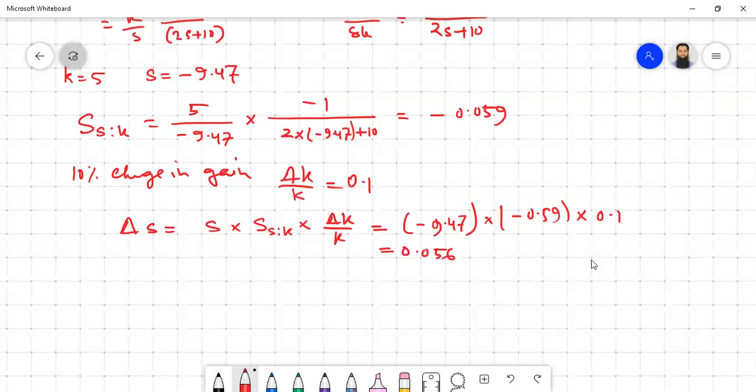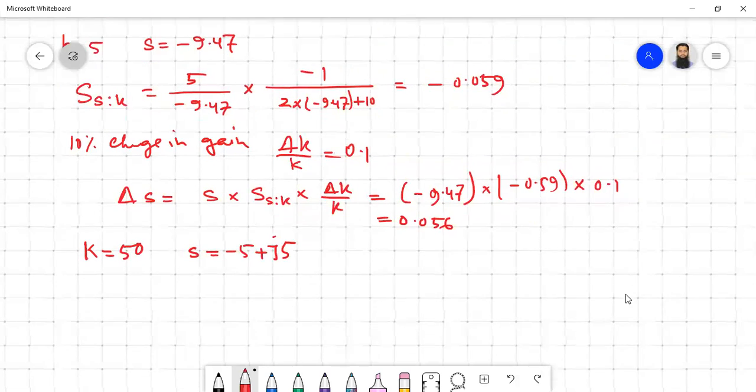Okay, this is relatively simple because all of them are real numbers, but you can also apply the formula for imaginary numbers. Say another point, for K equal to 50, one of the pole locations is minus 5 plus j5.